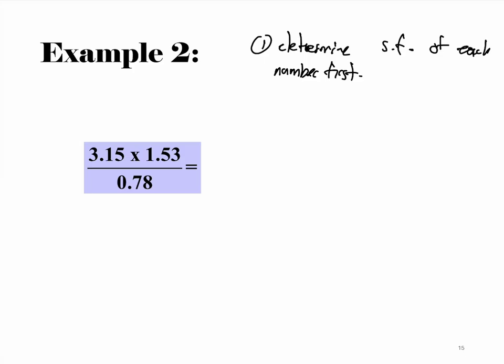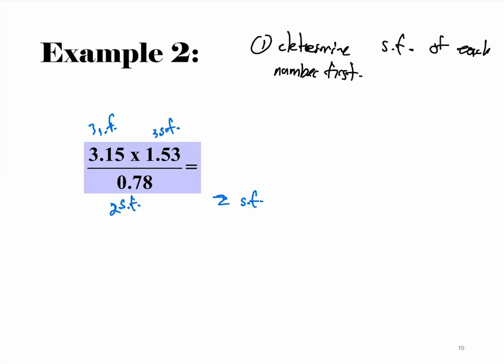How many sig figs does 3.15 have? 3 sig figs. How many sig figs is 1.53? 3 sig figs. And what about 0.78? 2 sig figs. So how many sig figs should our final answer have? 2 significant figures.